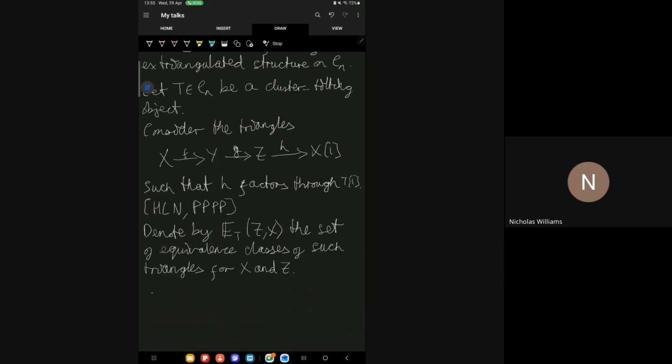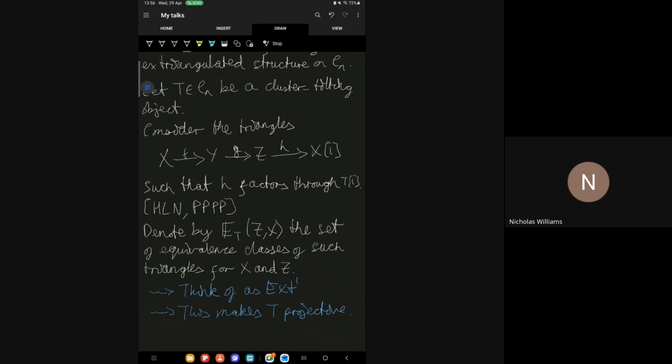And one should somehow think of this as some kind of Ext^1. And part of the point is that if one does this, this makes T projective. So by only considering a subset of the triangles to define our Ext^1, we've kind of forced T to become a projective object.